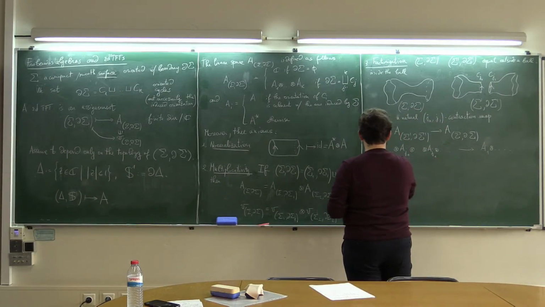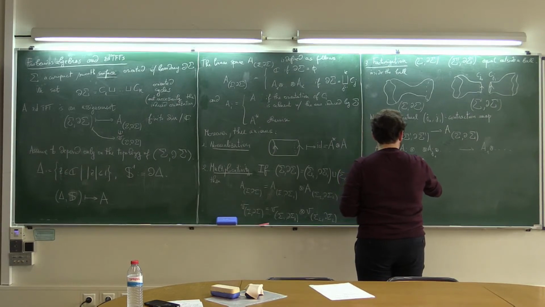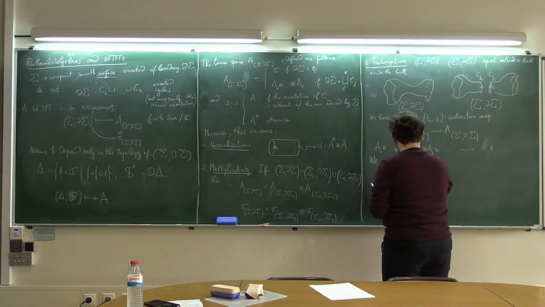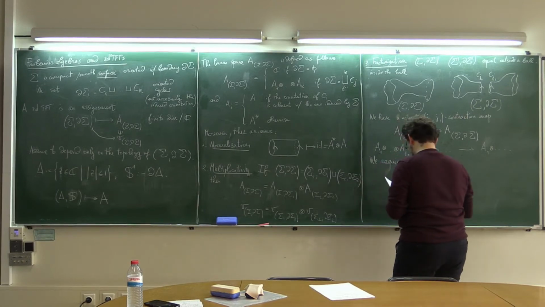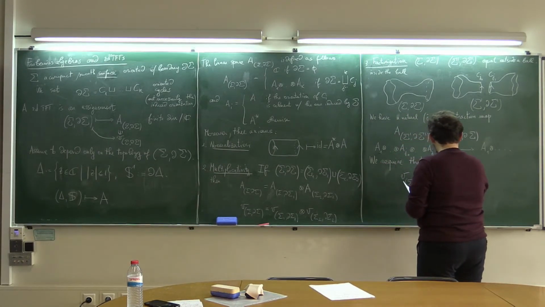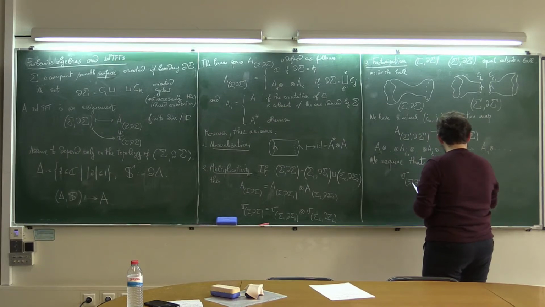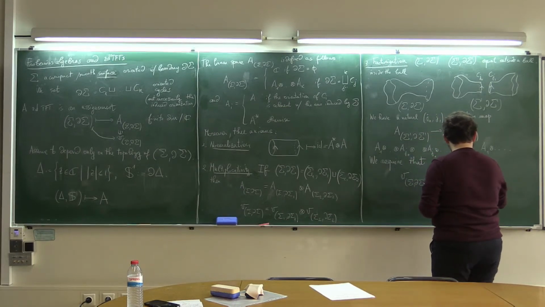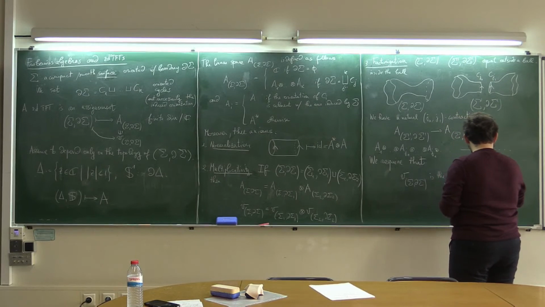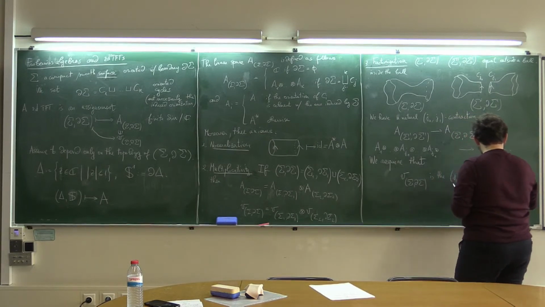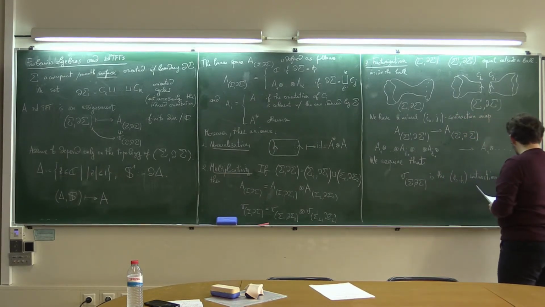We require that the vector attached to the pair sigma, boundary of sigma, is the J0, J1 contraction of the vector attached to the pair sigma 1, boundary of sigma 1.